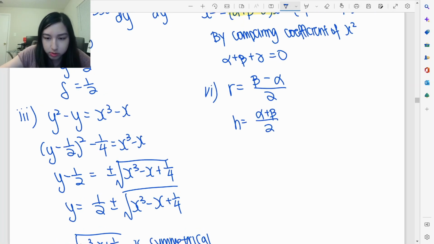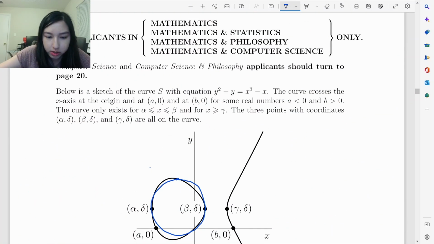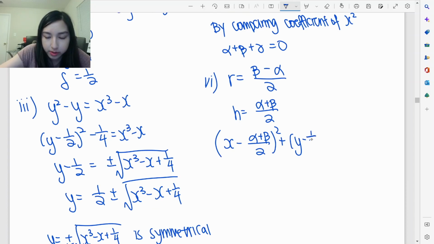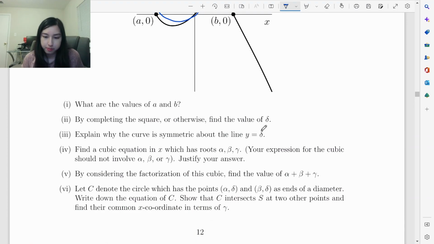So if we plug it into the equation of a circle, x minus (alpha plus beta) over 2, squared, plus y minus, what's the y coordinate again? Delta. Oh wait, delta is 1/2, so minus 1/2 squared equals our radius squared, (beta minus alpha) over 2 squared. This is the equation of our circle. And what's the next part?